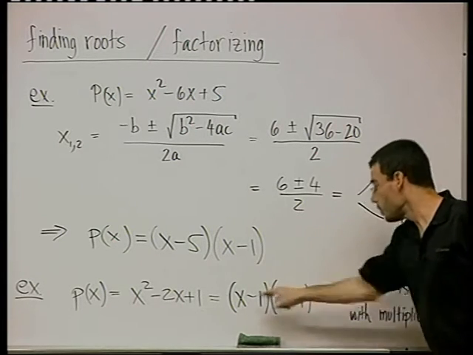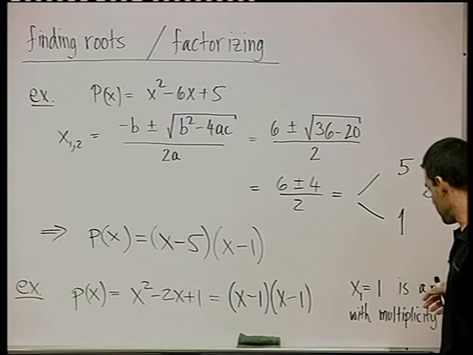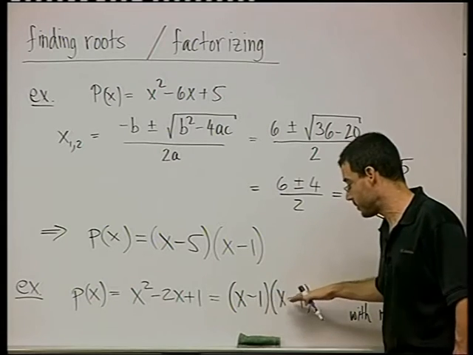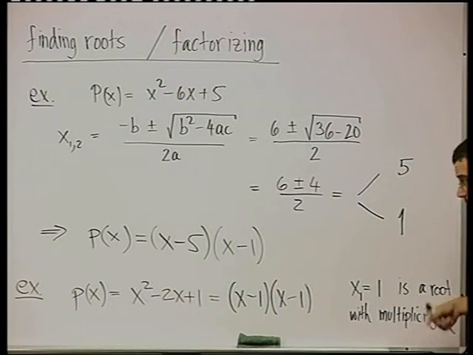So there are two of them as roots, but they're the same. We'll see later that this is important. You can't just say there's only one root. It's important that it appears twice for many things that we'll do later on in this course.